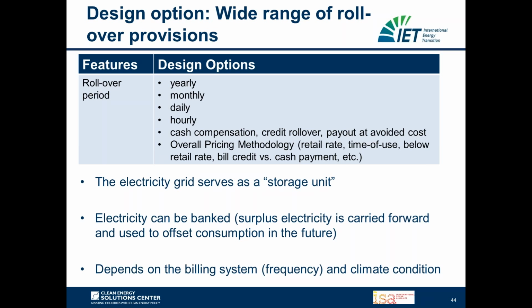So you would then say, well, we have a yearly billing period, and therefore we also have a yearly rollover period. So you're just comparing all the electricity consumption during this period. You then look at how much electricity you have self-consumed, and you're not paying for the electricity that you have been able to roll over during this period.